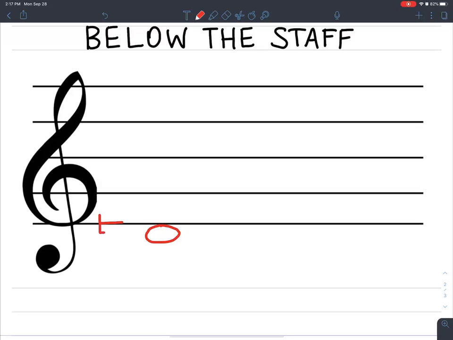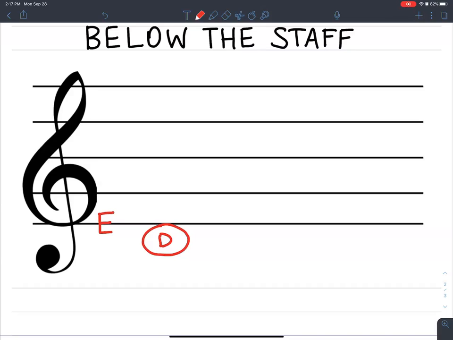If it were on the bottom line, we know that it would be an E, right? But it's just touching that bottom line. It's not on it, okay? And what we're going to call that is D, right? Because in the alphabet, what comes before E? A, B, C, D, E, right? So right before that E, right below it is going to be that D.